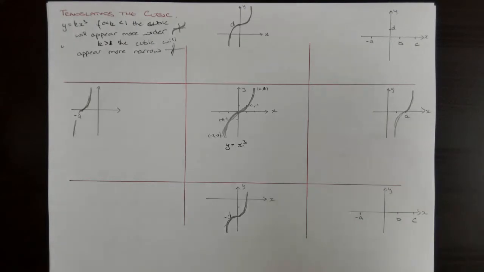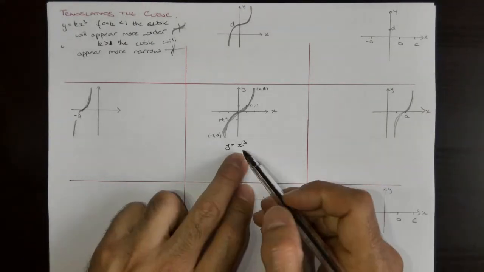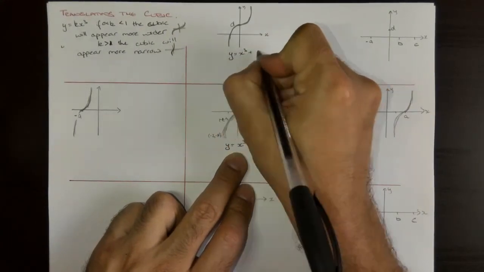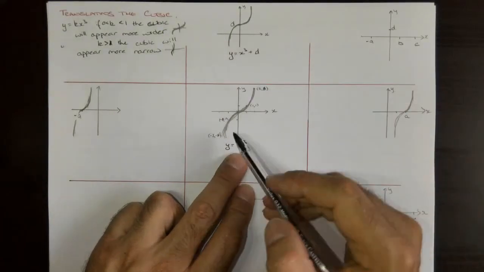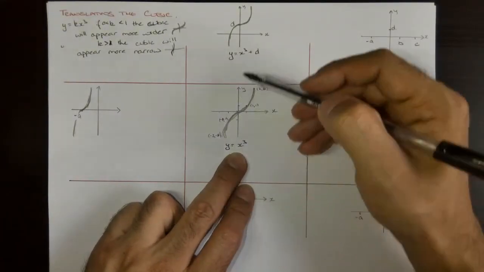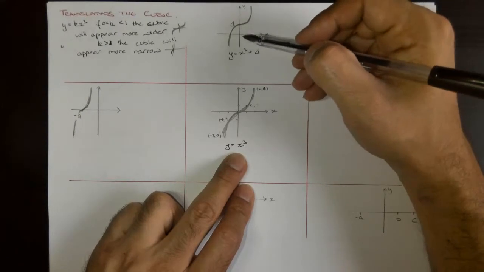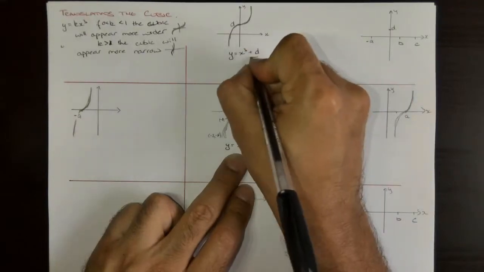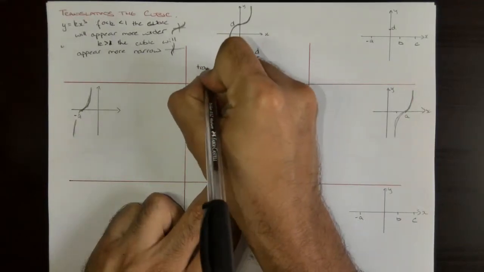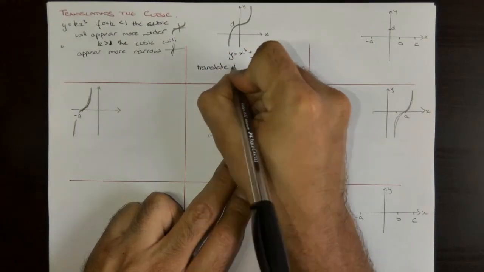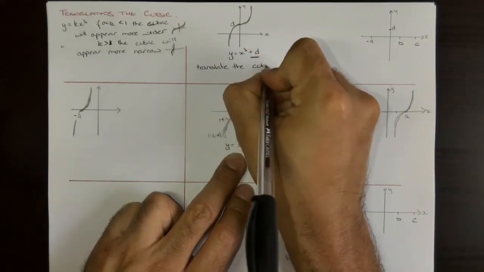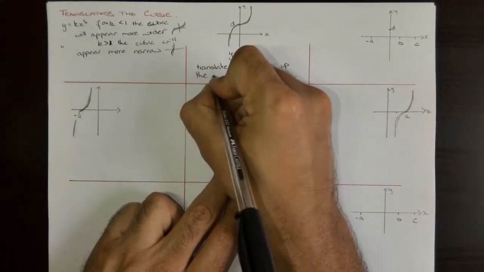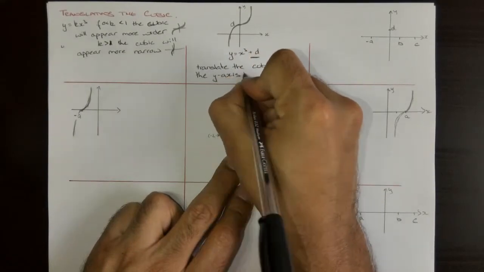If I was to add a constant, here I've called it d, I basically get my basic cubic and translate it up the y-axis by d units. So that plus d would translate the cubic up the y-axis by d units.